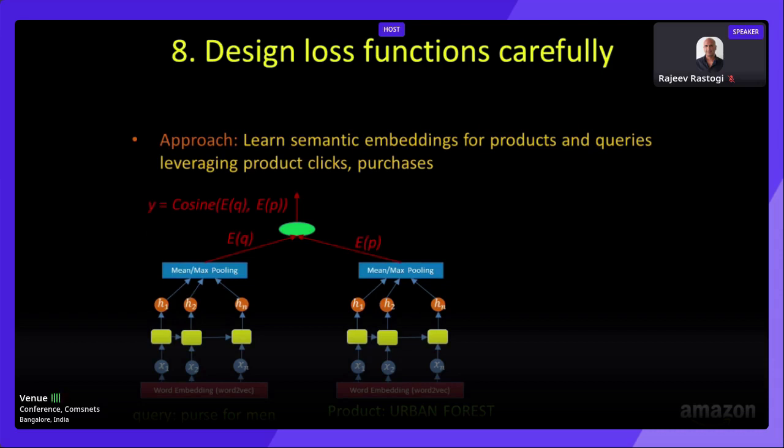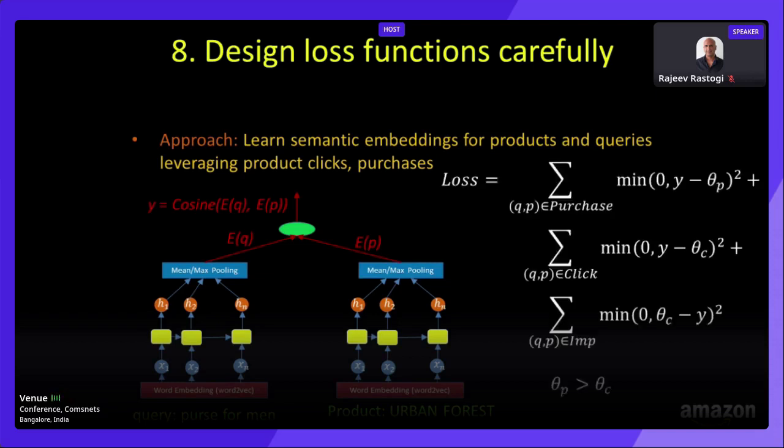Now there is a natural ordering between purchases, clicks, and impressions. So purchases imply higher similarity between query product pairs compared to clicks, and clicks imply higher similarity between query product pairs compared to impressions, right? So here we have a loss function that takes into account this ordering, right?